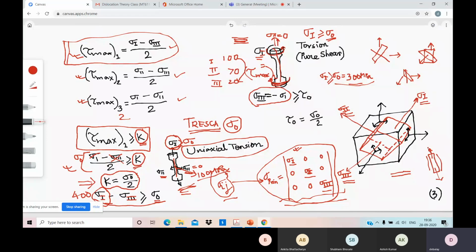So if you simply apply one principal stress along the applied direction, that contraction is free. But if you apply another tensile stress along these directions, will the contraction be easy? You are basically opposing the contraction by applying this tension. So you need to apply even higher applied stress to lead to this contraction against these forces and get the body deformed.